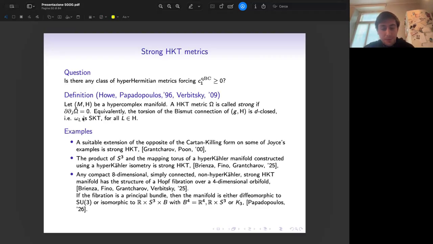Okay, so in this regard, what we were concerned about was the coexistence of strong HKT metrics with other types of hyper-Hermitian metrics.